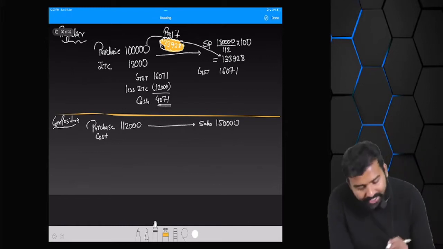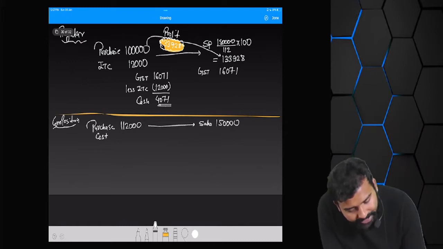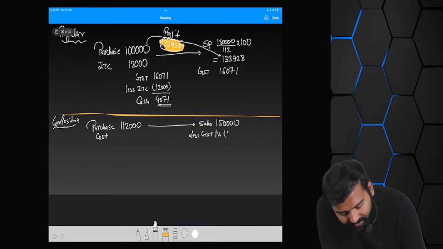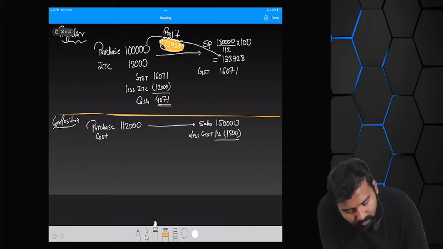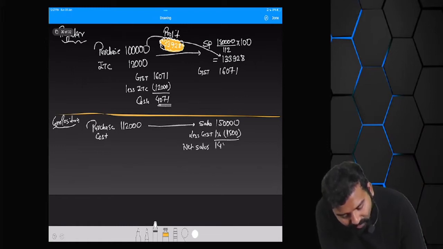Now the point is, he will pay GST of 1% from his pocket. So out of 1,50,000, 1,500 he will pay as tax. So what would be his net sales after paying GST? His net sales would be 1,48,500.